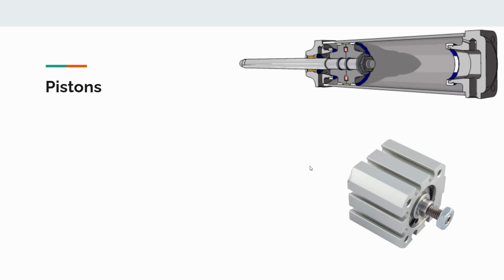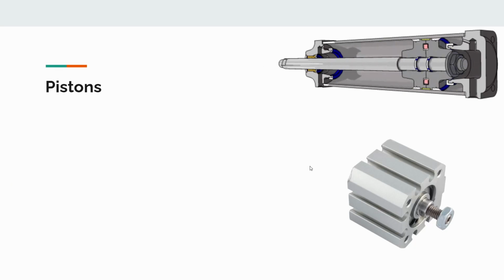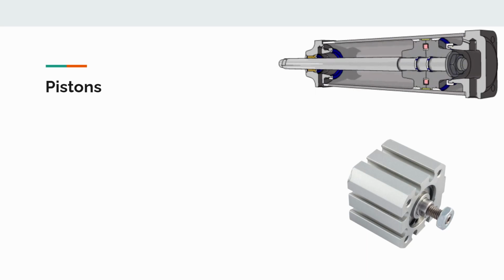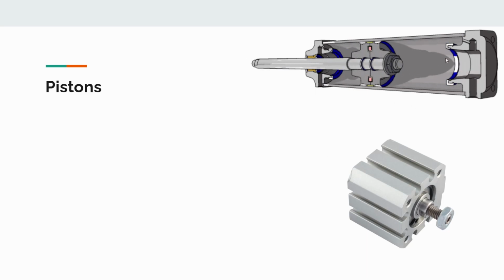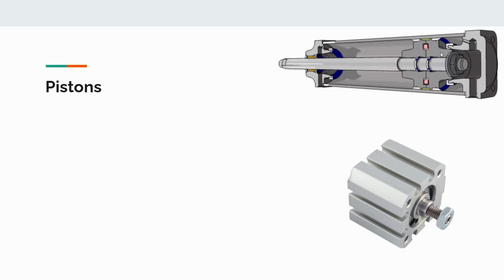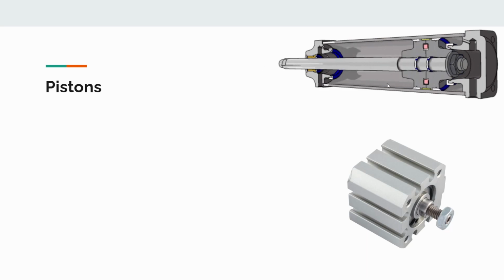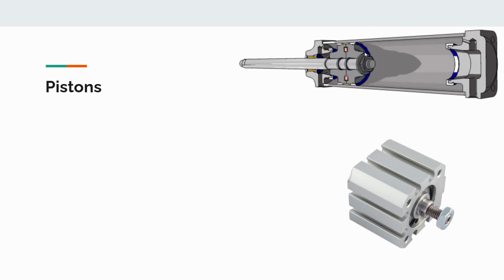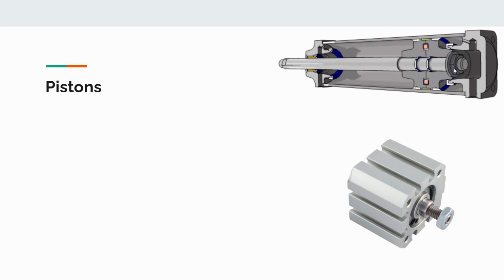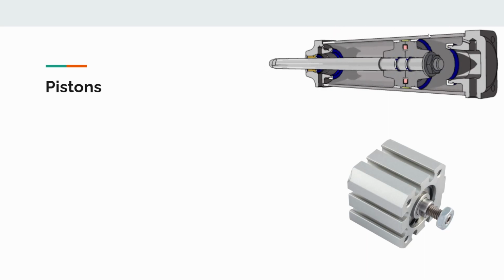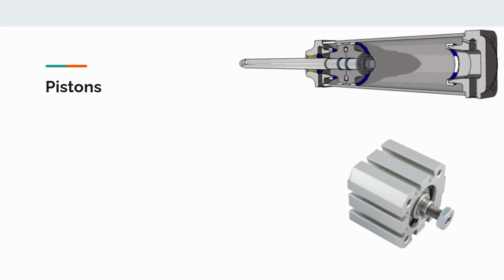So, pistons. Pistons are the actuators in a pneumatic loop. Pistons work by either pressurizing one end or the other of the piston. Here, in this little animation, you can see there is a rod going down and then a little cylinder that is perfectly sealed on either end, and by pressurizing one side or the other and allowing the other side to depressurize, you move the cylinder forward or back.